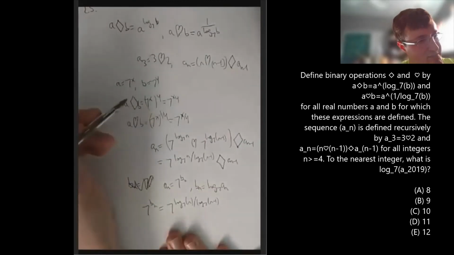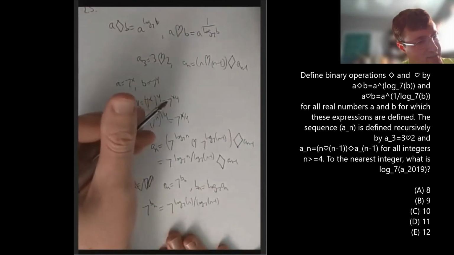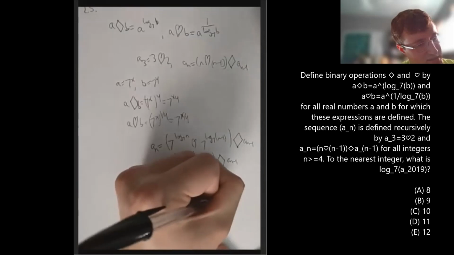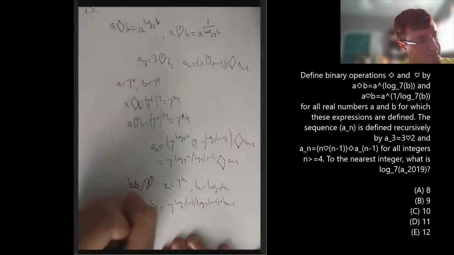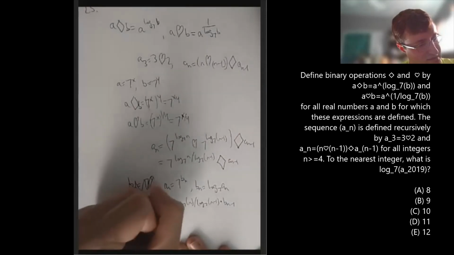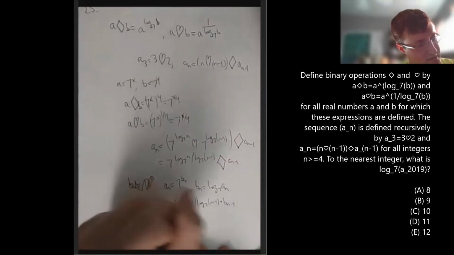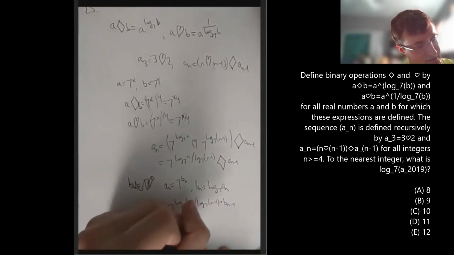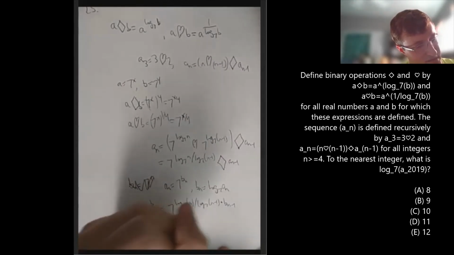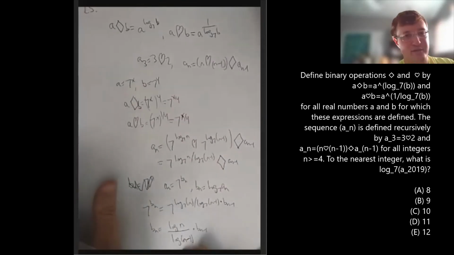And then diamond takes the product, so times B_(n-1). Okay, so B_n is, I can just write it without the bases, log n over log n minus 1 times B_(n-1).